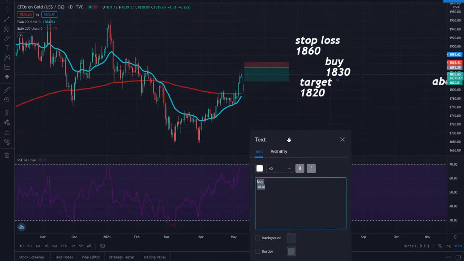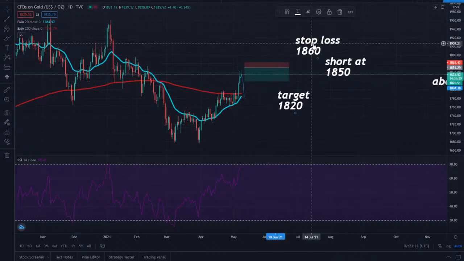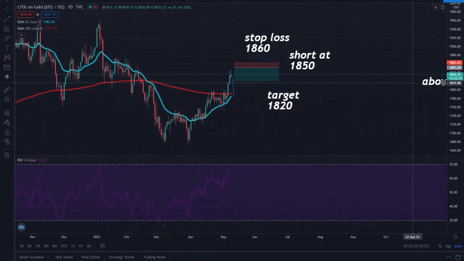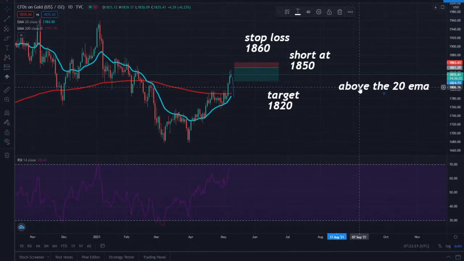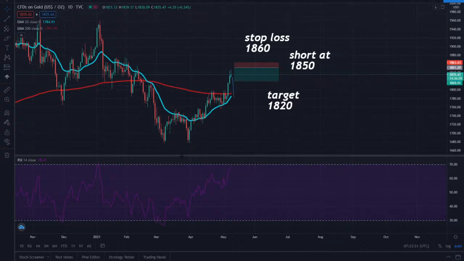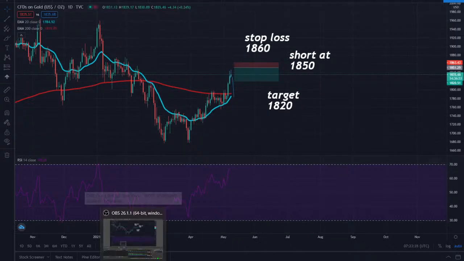No, it was a short at 1850. So this would be another option for you if you're willing to wait for the market to reach all those levels that I mentioned. So anyway, this was the setup for gold for the next couple of hours.